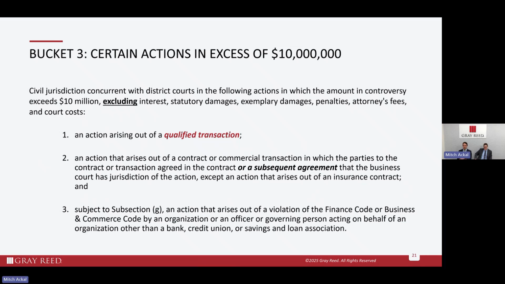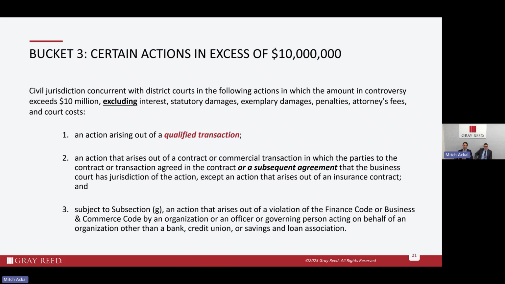So let's say you have a contract that is not a qualified transaction, you have over $10 million in damages, and either before or after you file suit, you talk to the other party and they say, yeah, look, this is heading toward a lawsuit. We don't want to be in district court. Let's agree to go to the business court. That presumptively is allowed and can get you into the business court, even though you're not considered a qualified transaction.